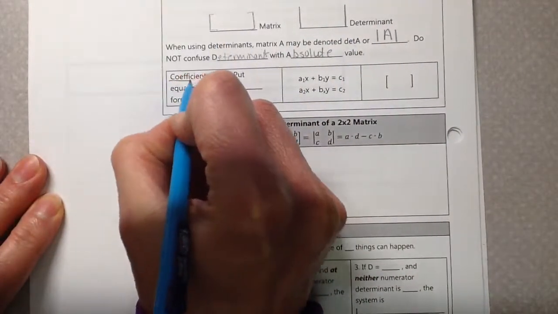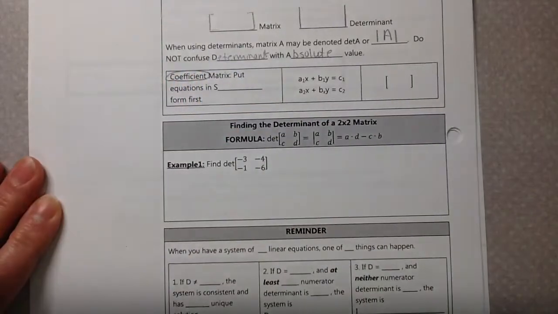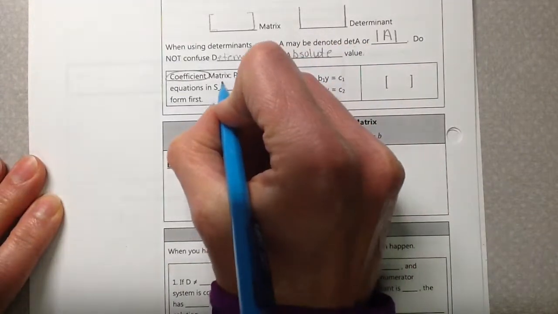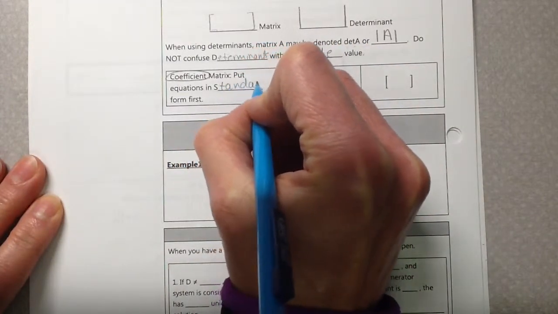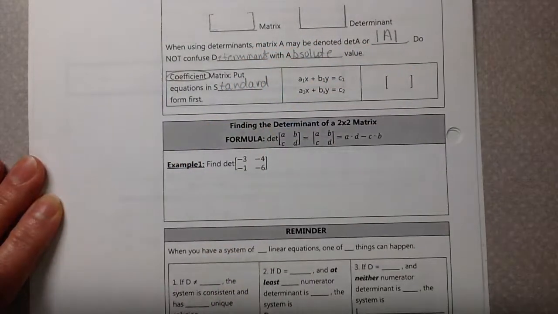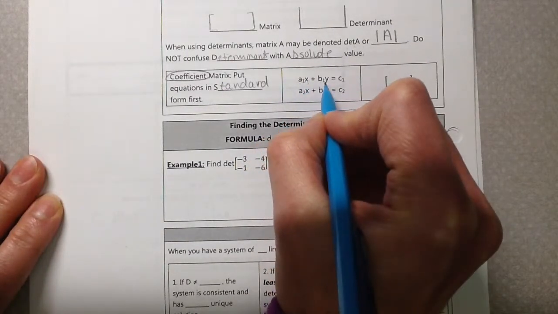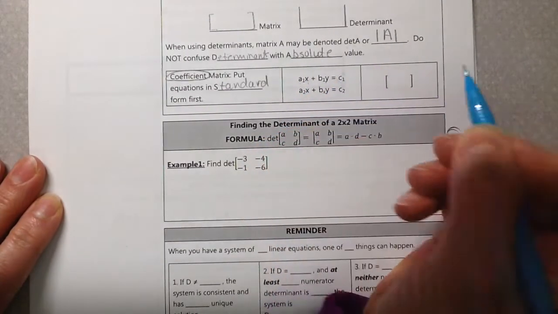Okay, now we want to talk about the coefficient matrix. When you're solving or finding determinants, you always have to put the equations in standard form. So they need to say ax plus by equals c. This is going to be a constant.